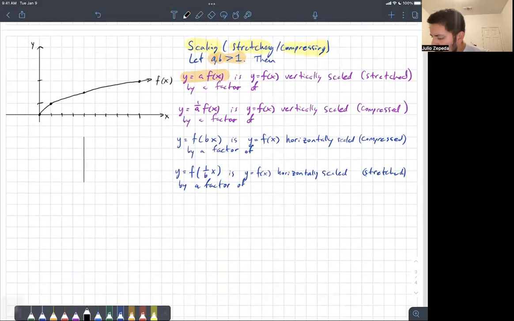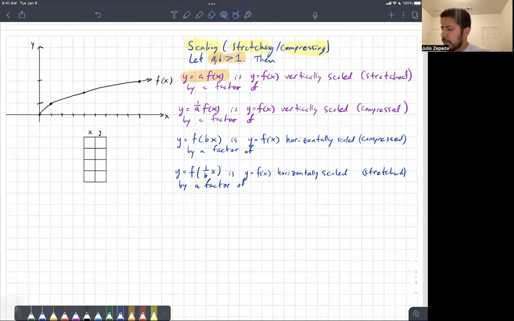I don't really think we need it that big. All right.